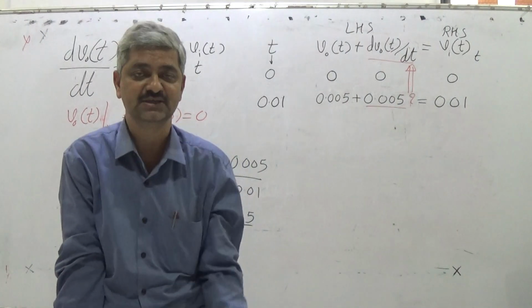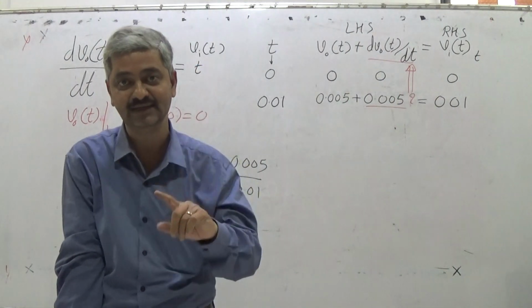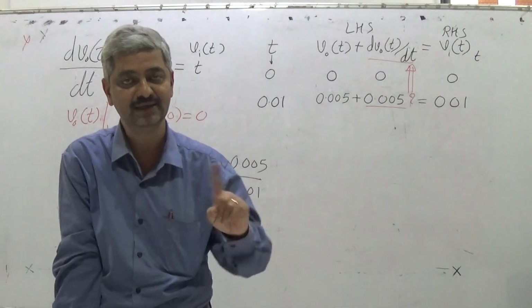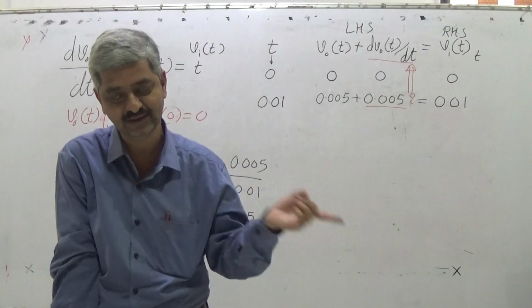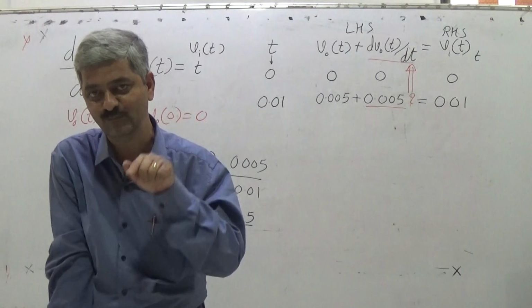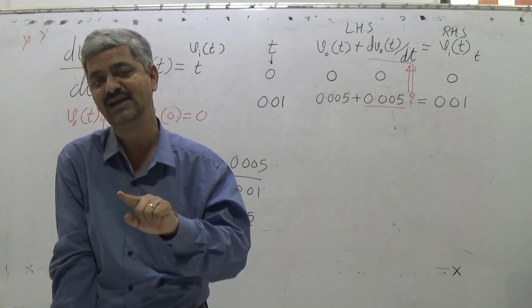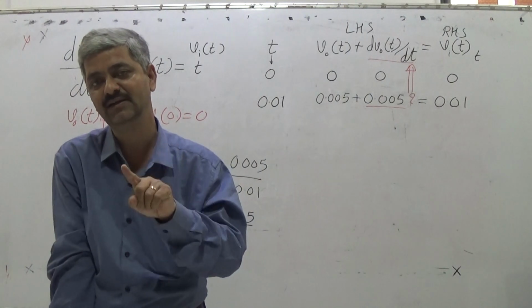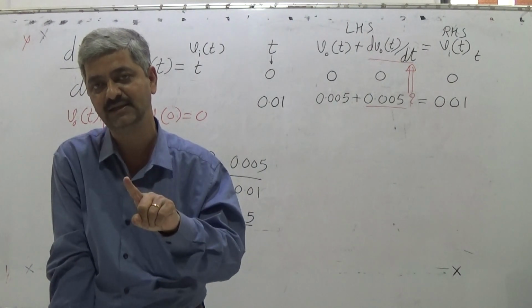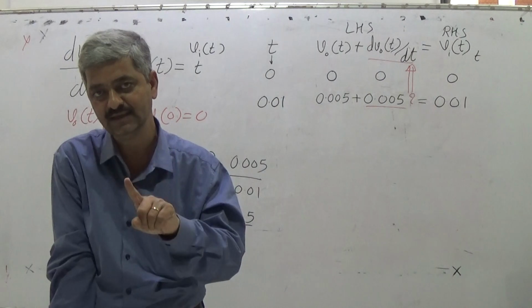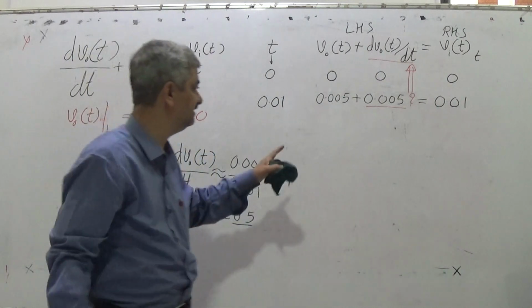So the differential equation is dVOT by dt plus VOT should be 0.01. Then we should assume some VOT and check whether dVOT by dt for that is matching. So here there is a mismatch.